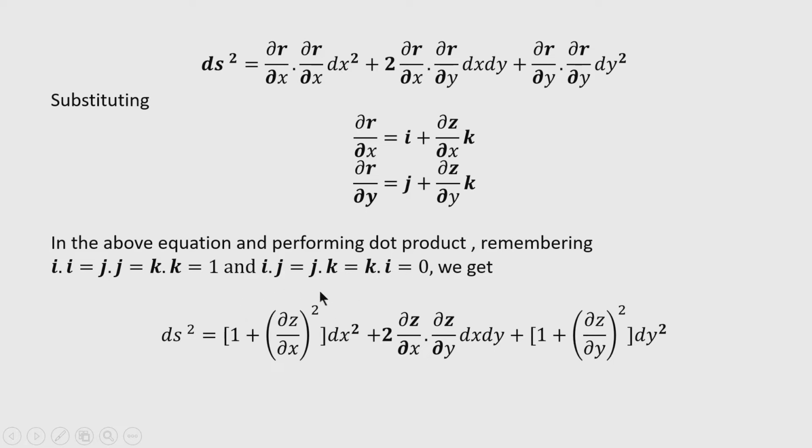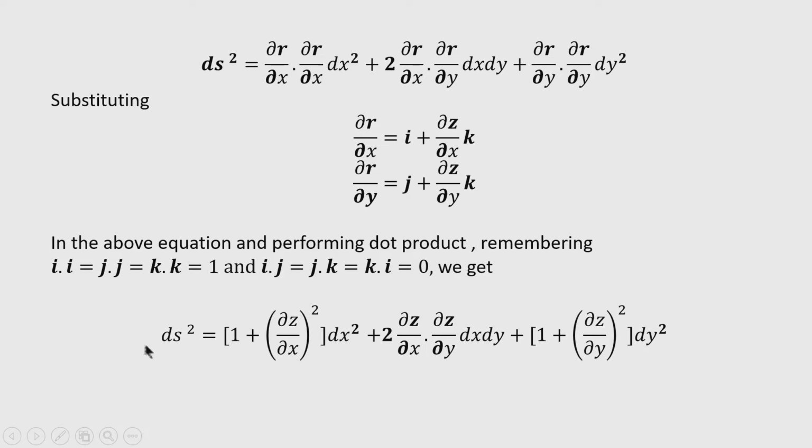Now, using this property, we can now come to this expression d s square equal to 1 plus del z by del x whole square into dx square plus 2 del z by del x del z by del y into dx dy plus 1 plus del z by del y whole square into dy square.